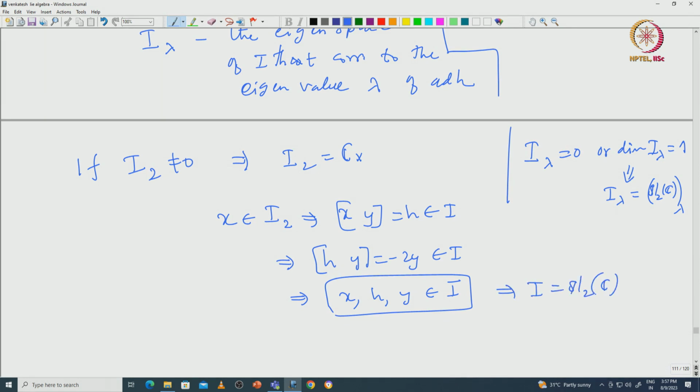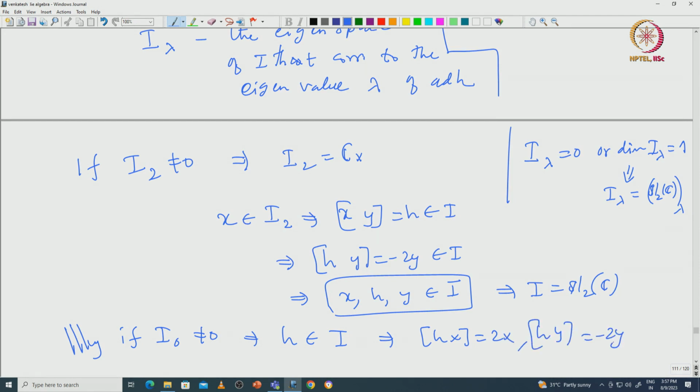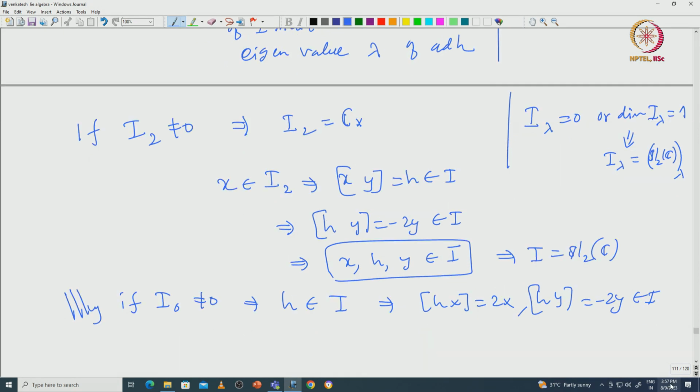Similarly, if I_0 is non-zero, that would imply h is in I. That immediately implies [h, x], which is 2x, and [h, y], which is minus 2y, are both in I, so both x and y are in I. So that implies I is SL2C.